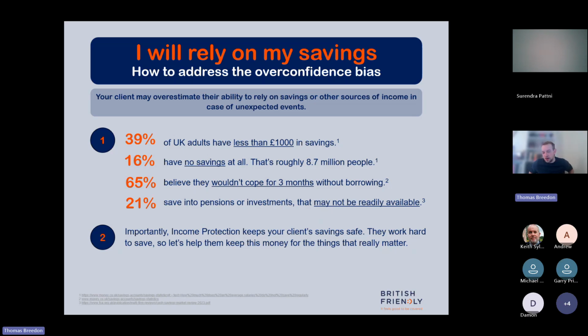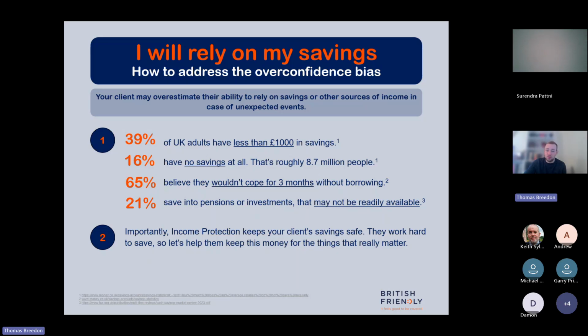Unfortunately, unless you're very fortunate, it's very unlikely that the bank of mum and dad will support you and your lifestyle for a good 3, 4, 5 months if you are off work, ill or injured. That highlights it when it comes to these stats here. 39% of UK adults have less than £1,000 in savings.